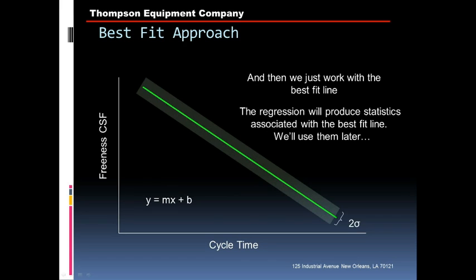Then you extract the equation for the line, and there are a couple of ways to do this. Some of the ways will actually generate some statistics associated with the regression. That's the 2 sigma that you've heard about, and we'll use that a little bit later in managing calibrations.